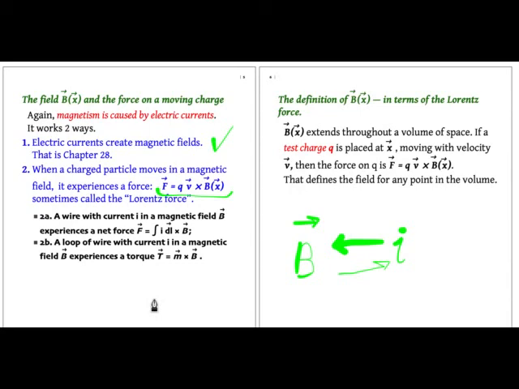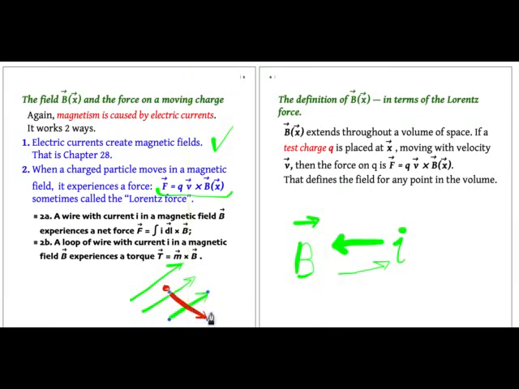So we have a magnetic field. It fills up a region of space. We have, let me put it in a different color, a little charged particle. The charged particle is moving in some direction. It has to be moving in a direction that crosses B. So the magnetic field is pointing in one direction.